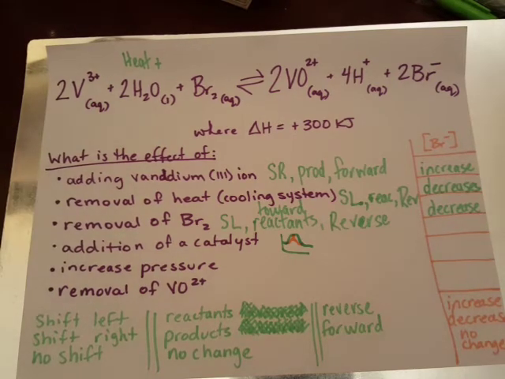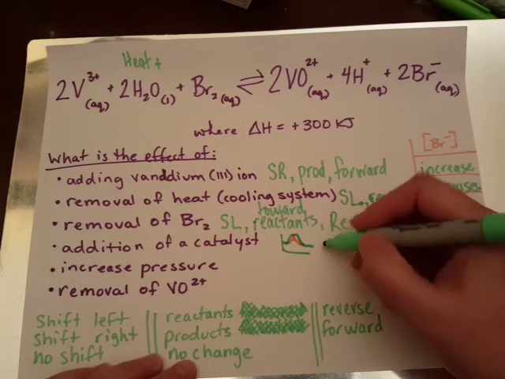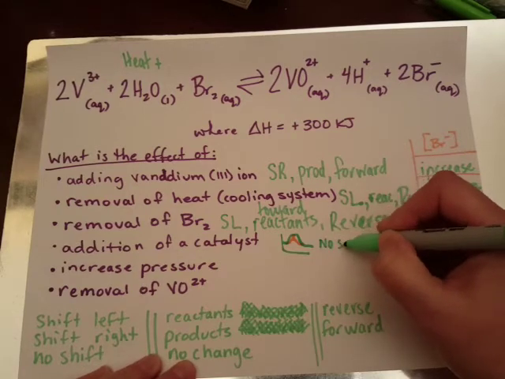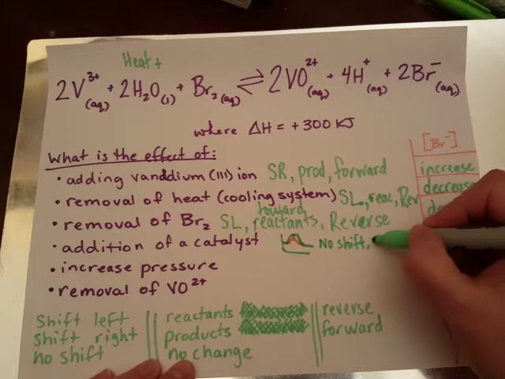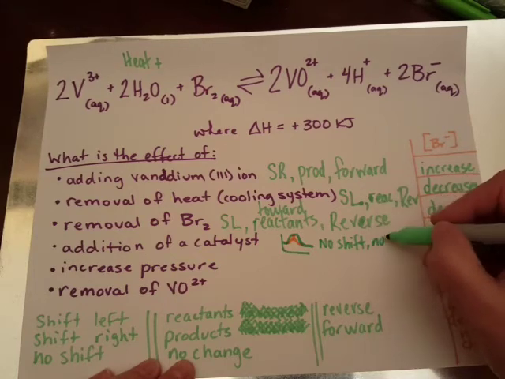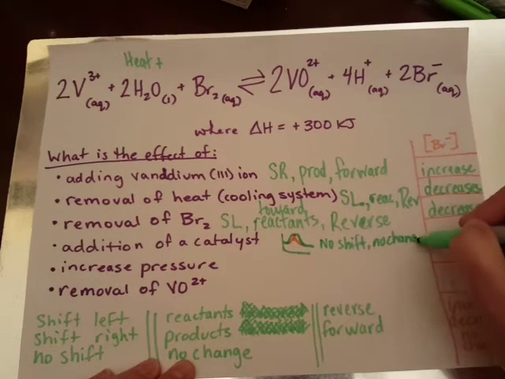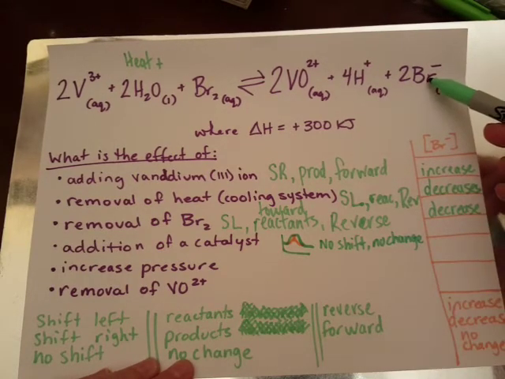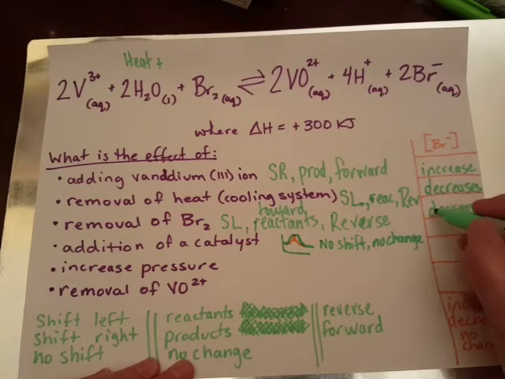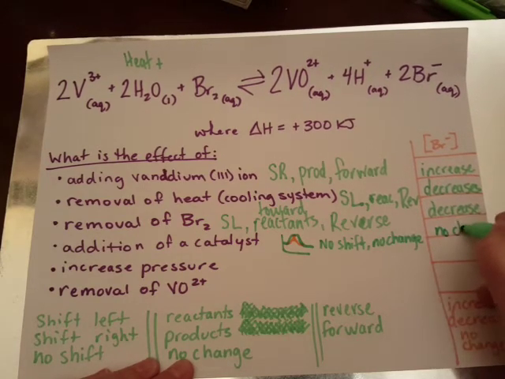So all in all, we would say here that there's no shift. It's not shifting left, it's not shifting right. There'd be no change. And in terms of the bromine, even though it's getting used up faster, it's also getting created faster. So here we'd see no change.